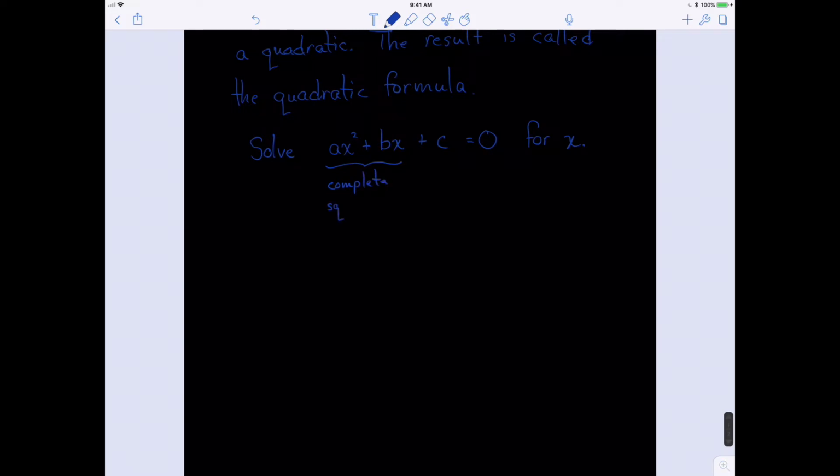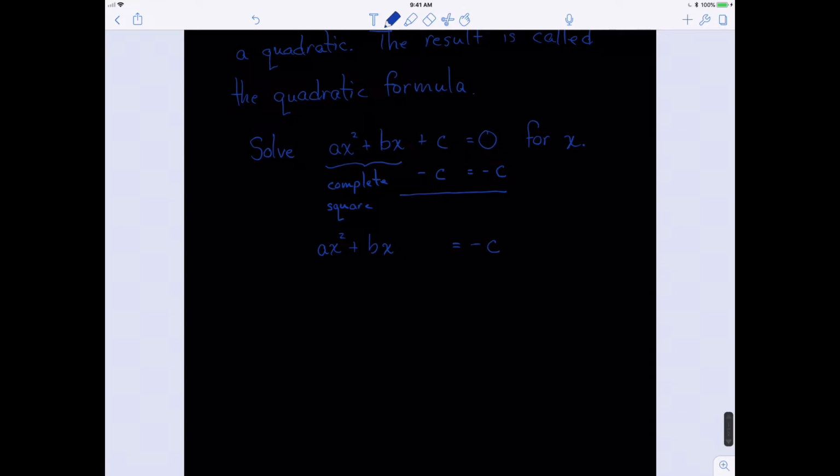So what we want to do is move the c to the other side, so minus c. When I bring this all down, I have ax squared plus bx, and I'm going to leave a space because we're going to use that, equals negative c.